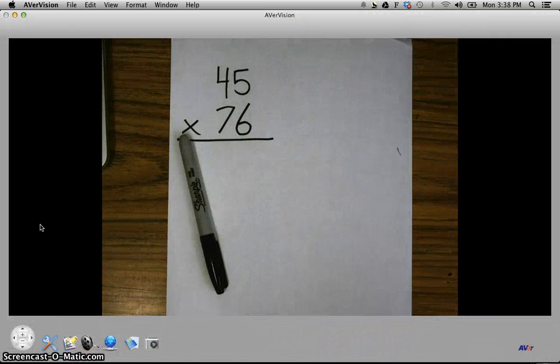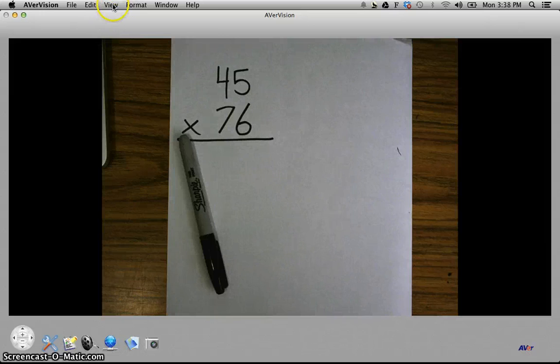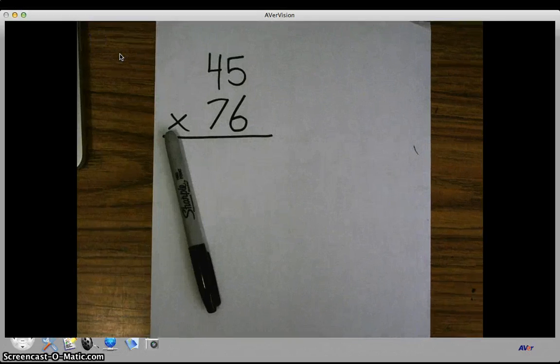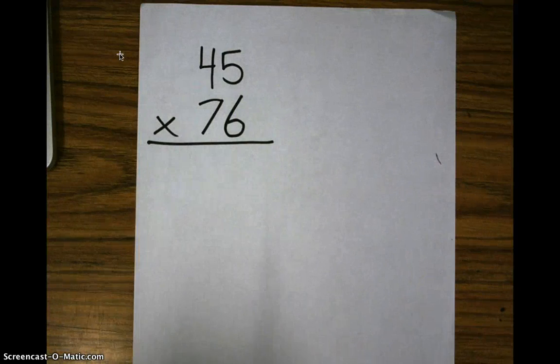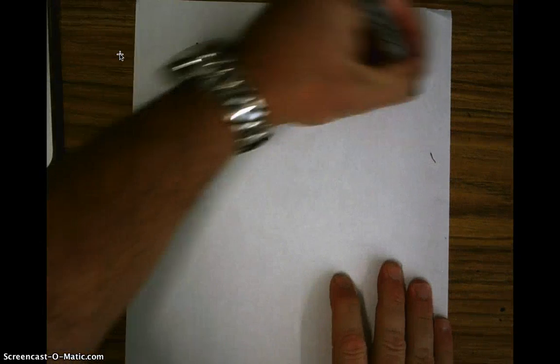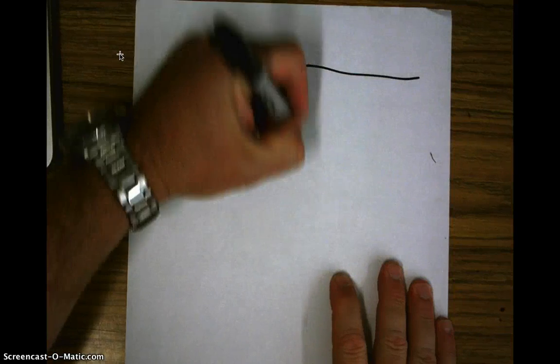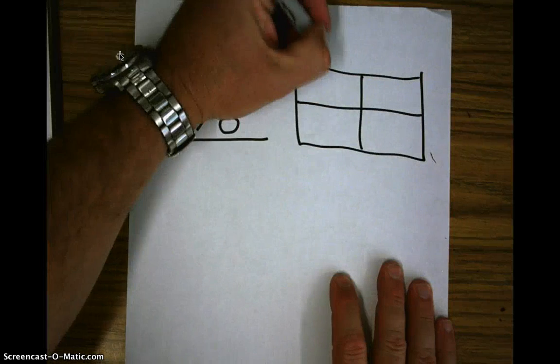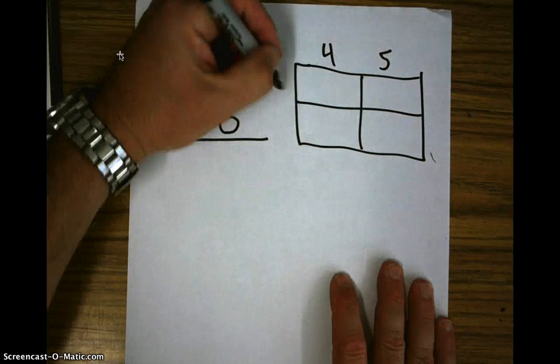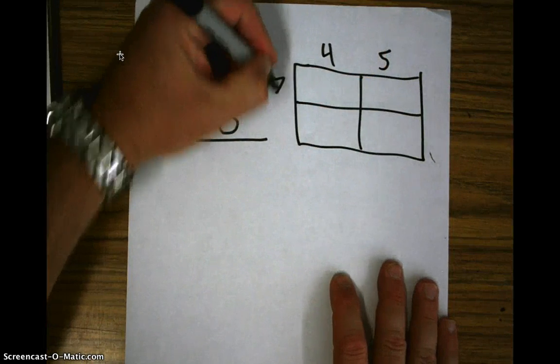So here I have a problem. This is actually on your homework this evening. 45 times 76. And last year you learned about the box method, where you could form a box out of this and do 45 and 76.